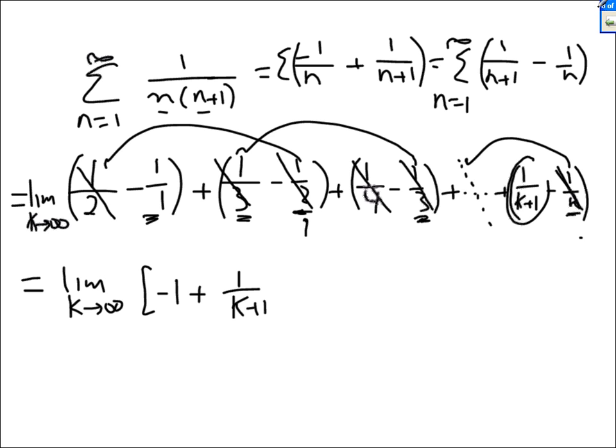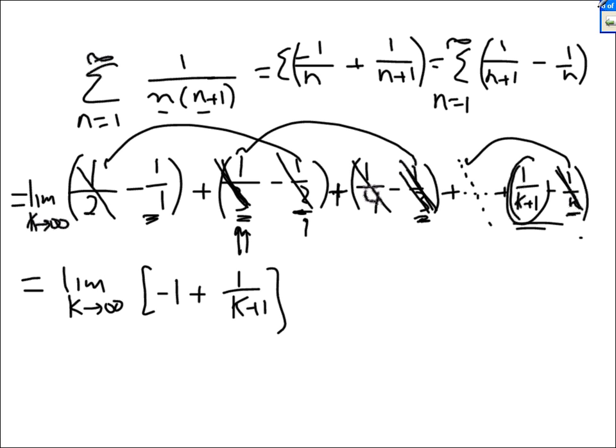But that term keeps surviving until you add on the next one. See, the 1/3 survived until you added on the next term, and then it canceled out. The 1 over k plus 1 survives until you add on the next term.